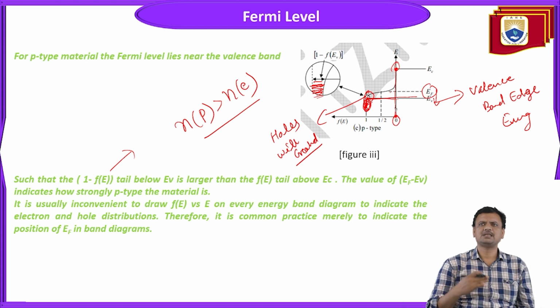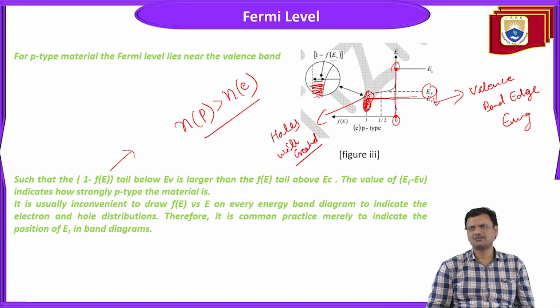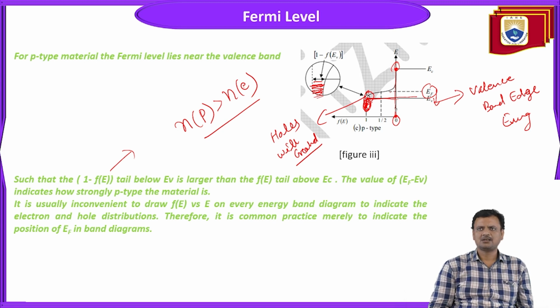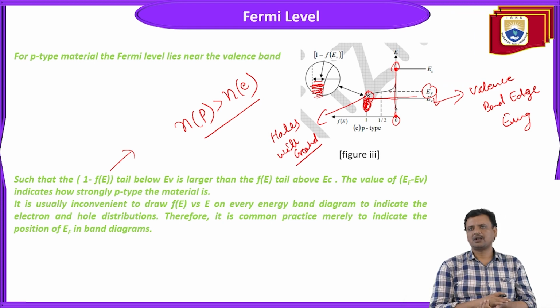With the help of EF, the position of the Fermi level, you can say whether a material is p-type or n-type, and you can even calculate the carrier concentration. We will see how we can calculate the carrier concentration with the help of the Fermi energy value.